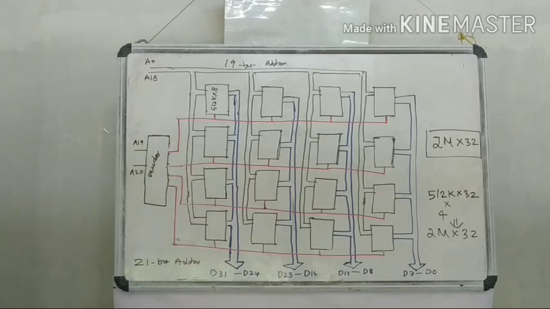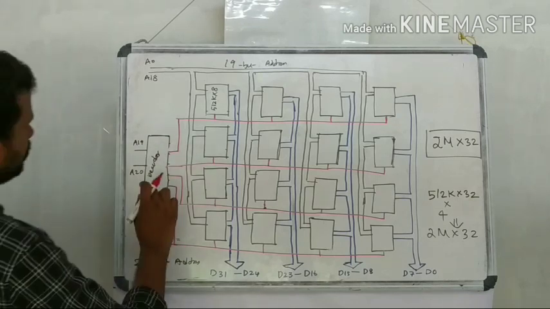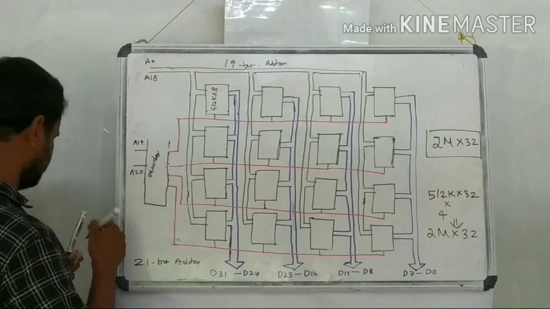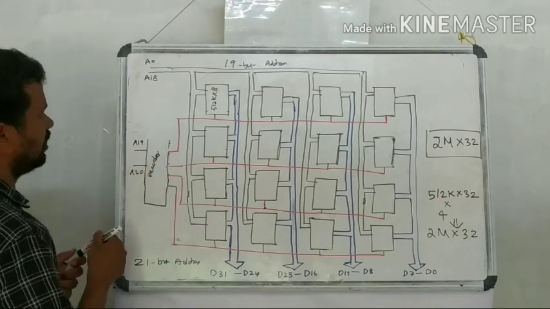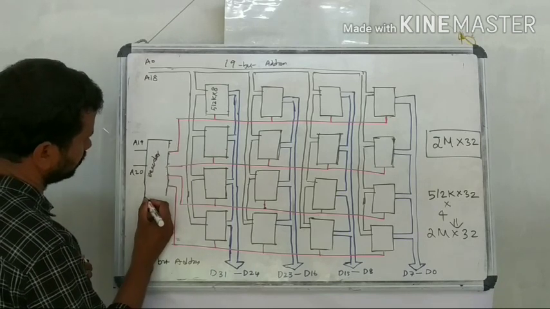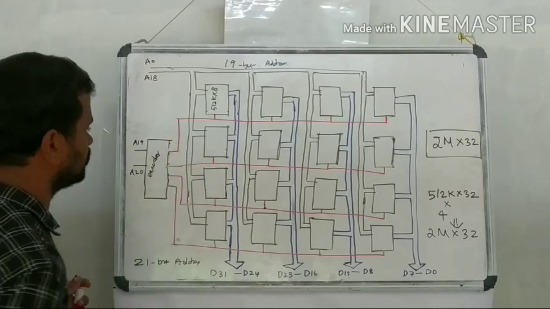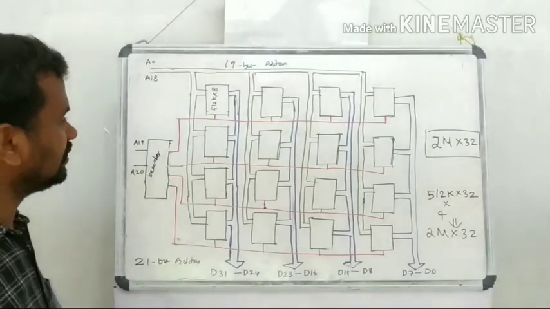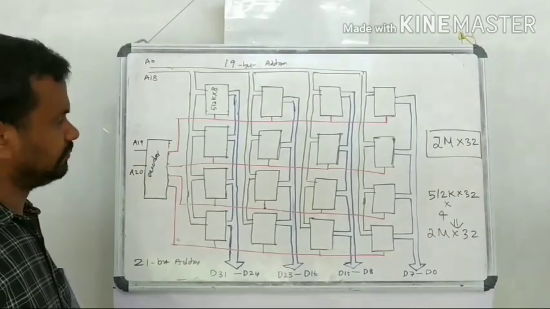Corresponding to this 2-bit decoder we will have 4 output lines. These 4 lines are connected with the 4 chip select lines.